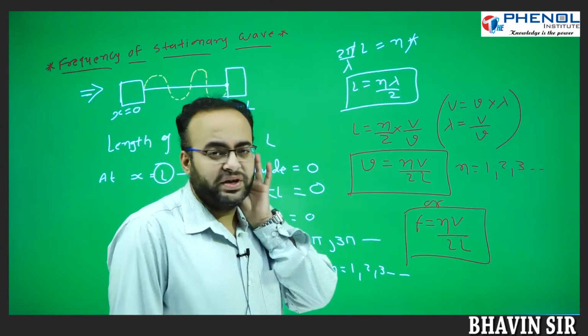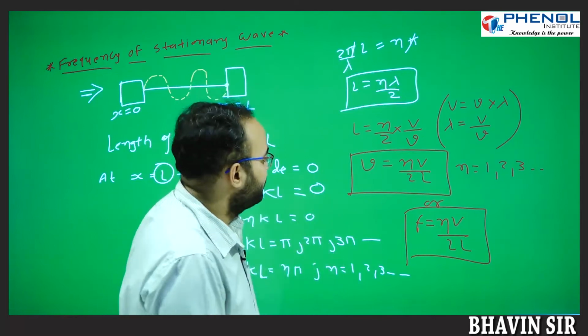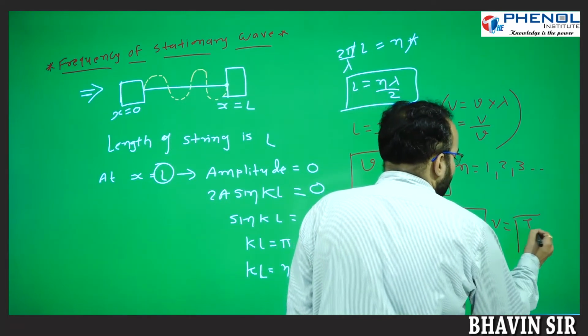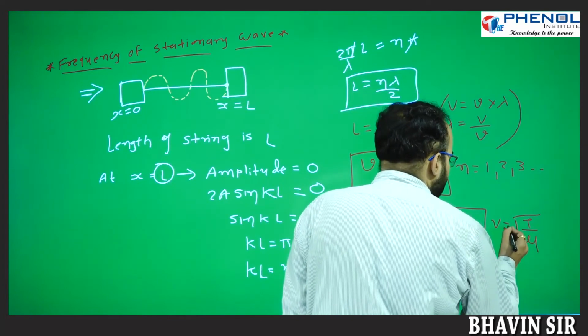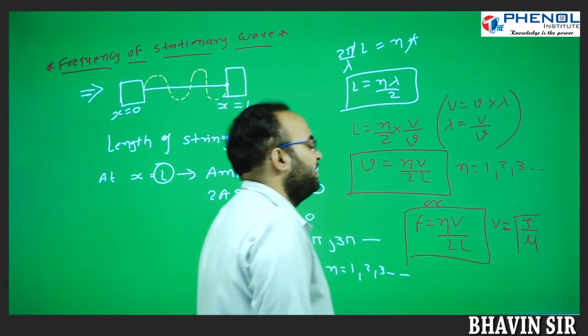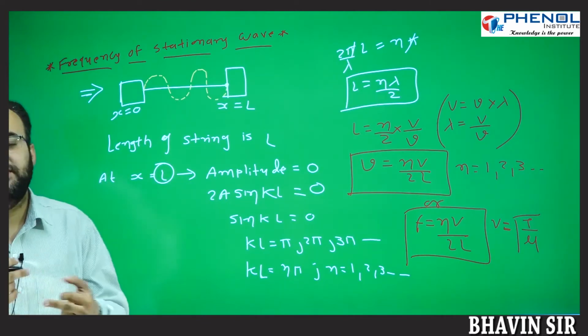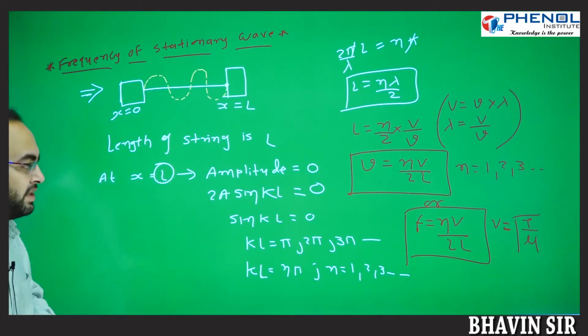And what is v, students? Here, for waves on a string, v is under root T by mu. So this is the frequency of a stationary wave.